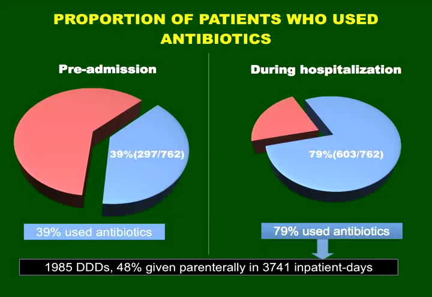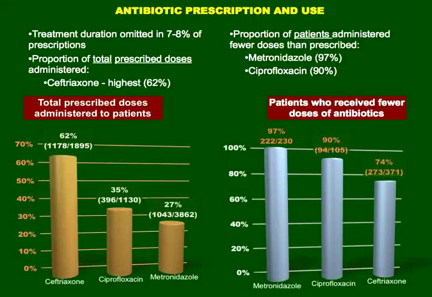1,985 defined daily doses of antibiotics were administered in 3,741 inpatient days. When we compared the prescription rate versus use, first of all, we observed that treatment duration was omitted by the prescriber in 7 to 8% of prescriptions of the most commonly prescribed antibiotics, which were ceftriaxone, ciprofloxacin, and metronidazole.